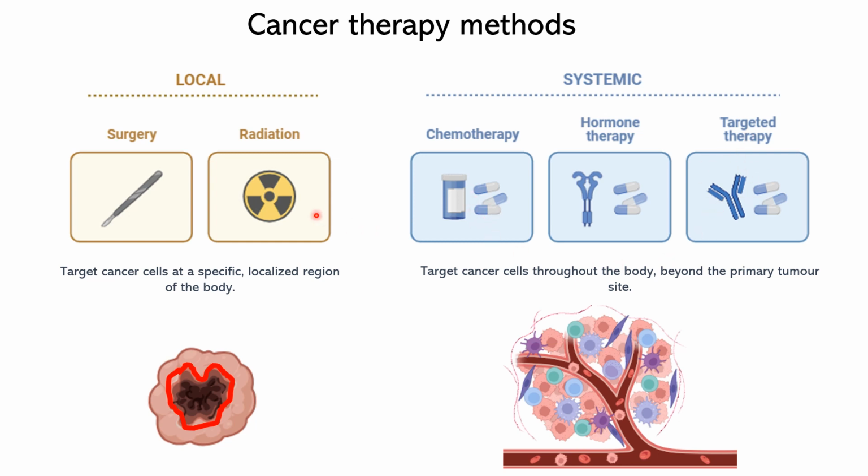And each one of these therapies, I might do future videos on them, because each therapy has a lot of different drugs in it and a lot of different targets, but these are the general strategies used for cancer therapy.